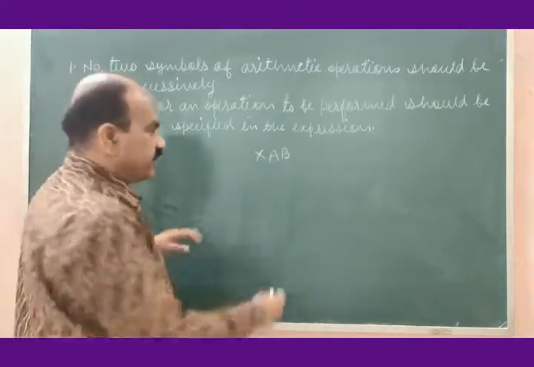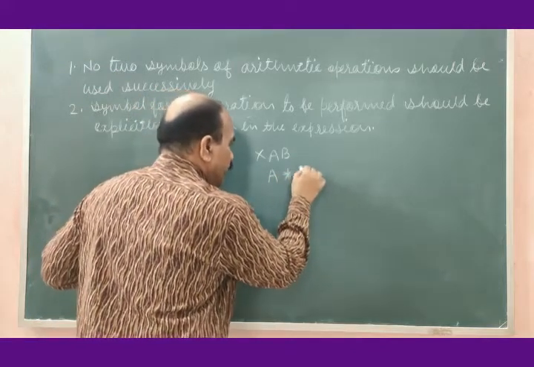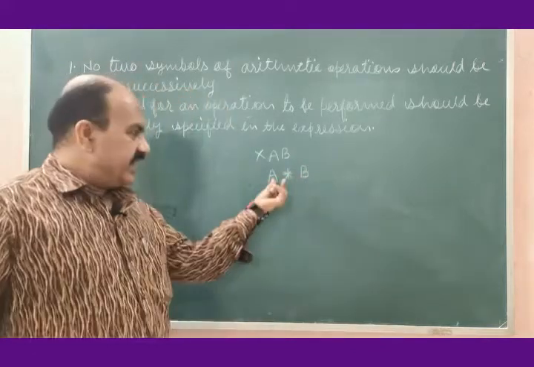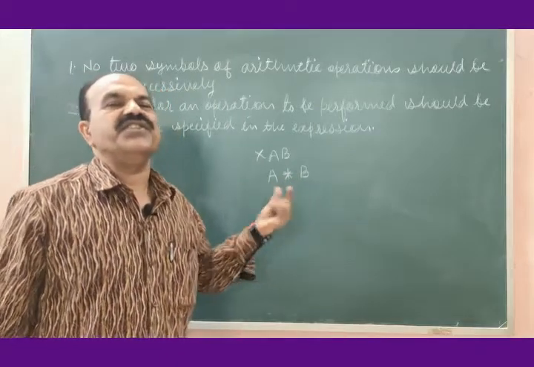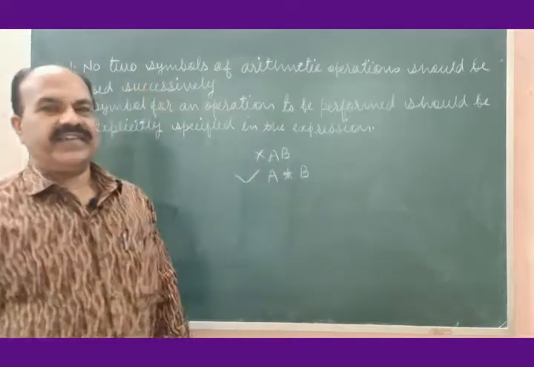Then how to write? A into B, with the asterisk as the sign for multiplication. This is the correct way.